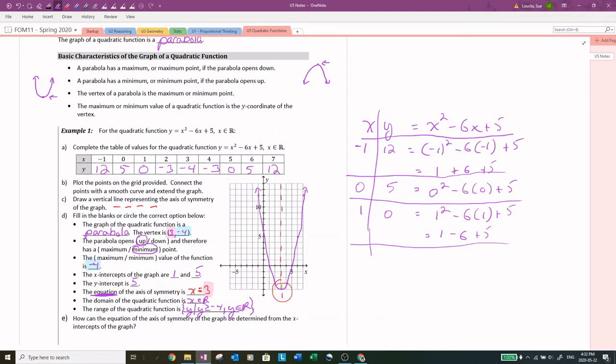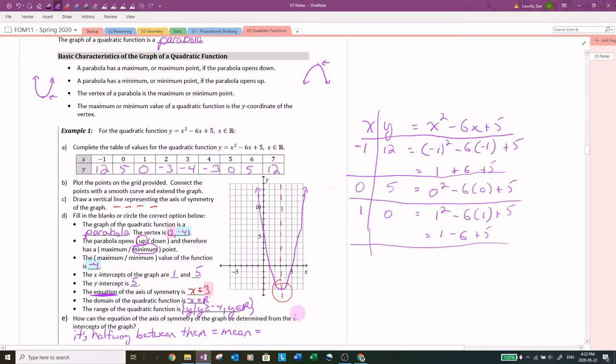Part E, how can the equation of the axis of symmetry be determined from the x-intercepts of the graph? It's halfway between them. So that means it's the mean of those two values.